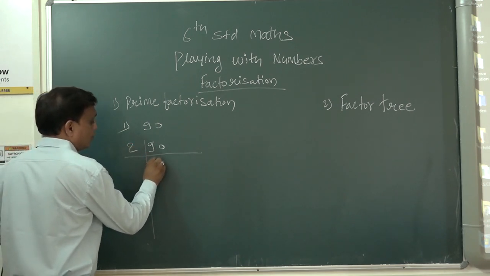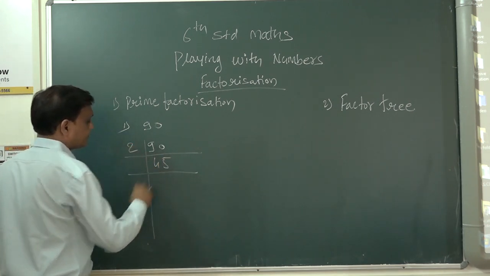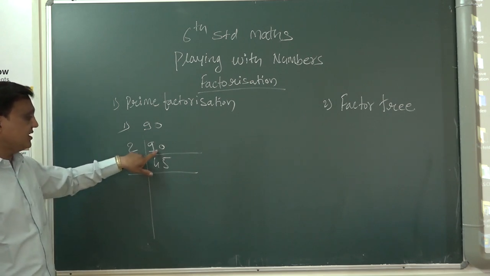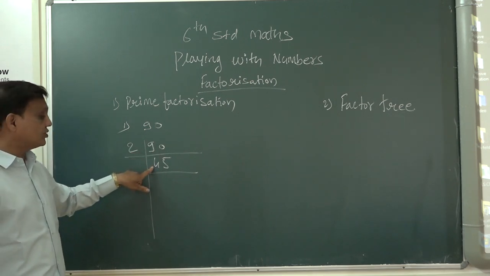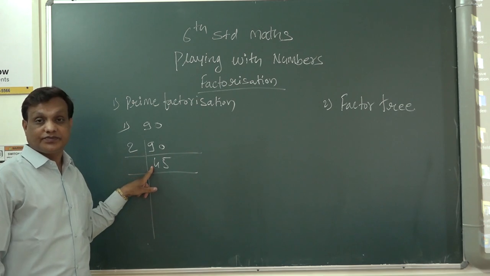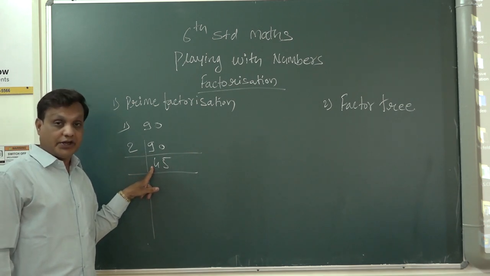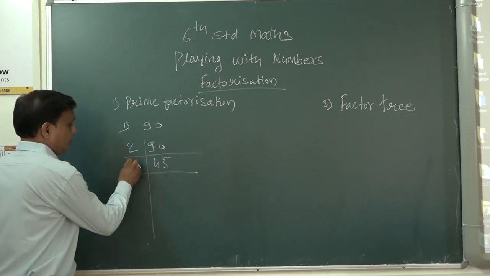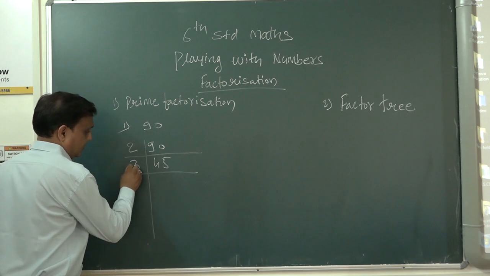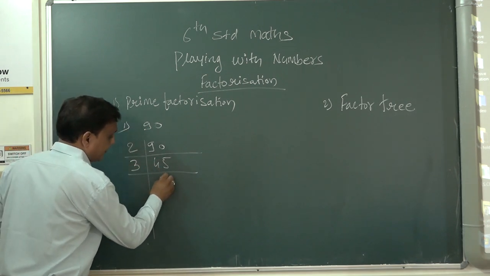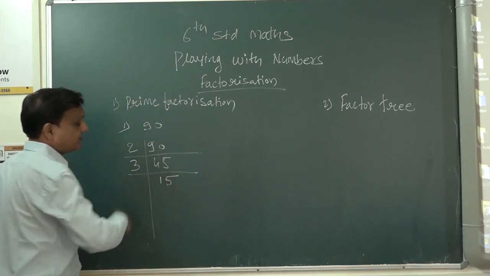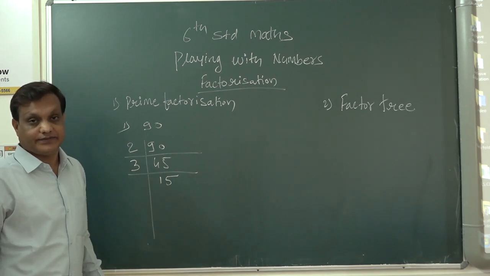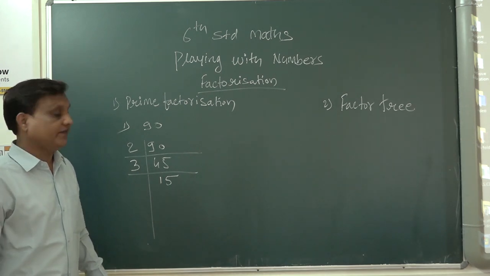2 45s are 90. Now 45 is divisible by what? It is divisible by 3. So we take 3. 3 15s are 45.